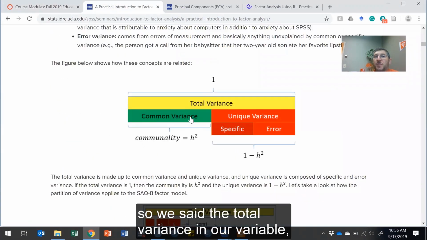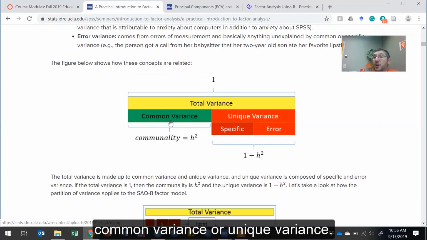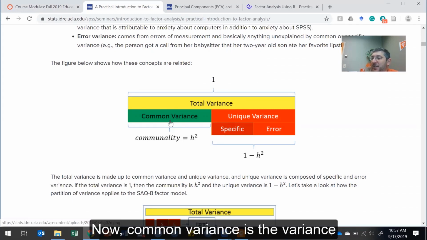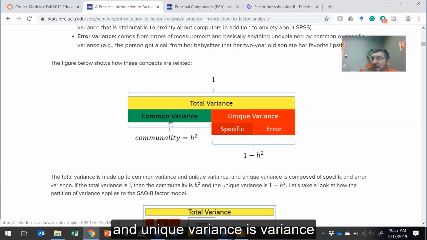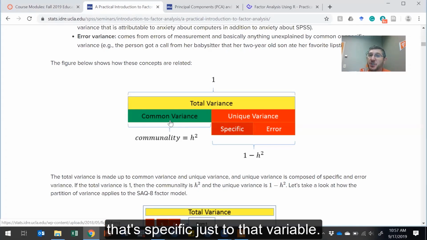So we said the total variance in our variable we can think of as either being common variance or unique variance. The common variance is the variance that a variable shares with other variables, and unique variance is variance that's specific just to that variable.